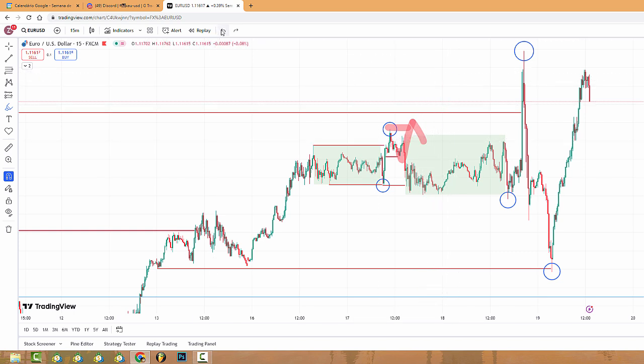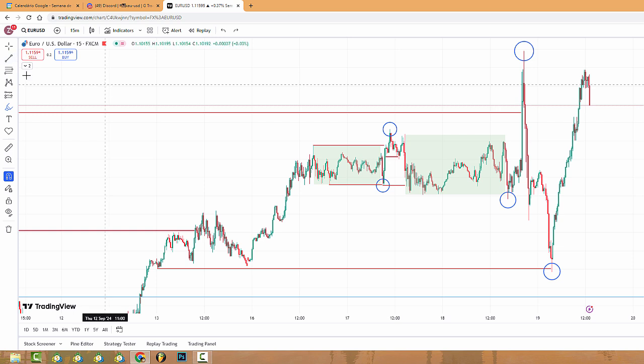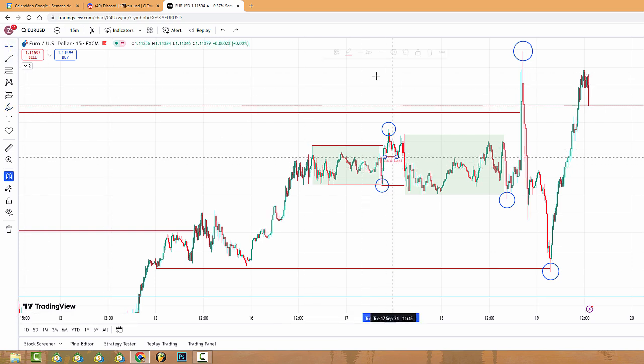But this is normally how price moves. Even if we're not in a range, even if we're on a trend, this is how price moves. It always needs to liquidate something. Price moves from one liquidity to another.